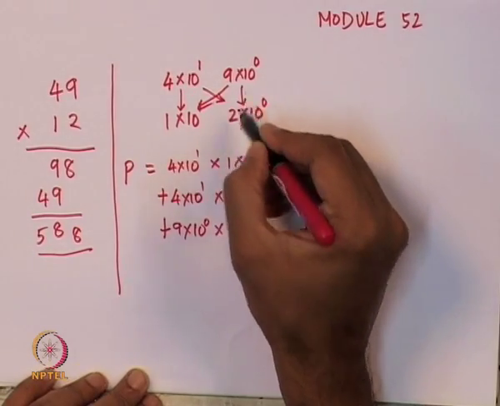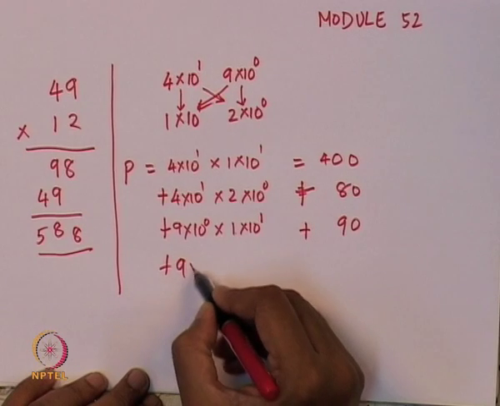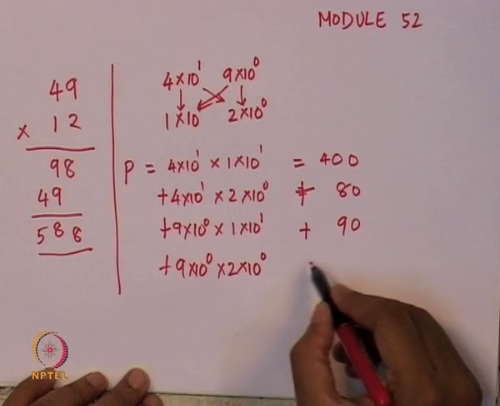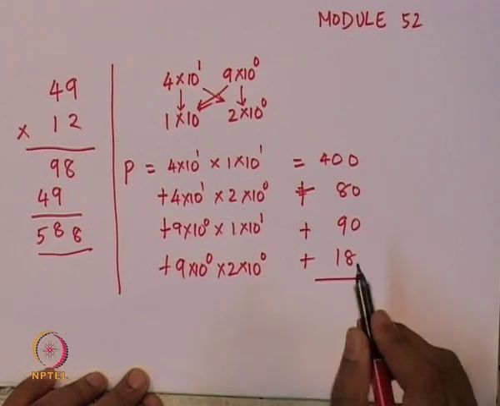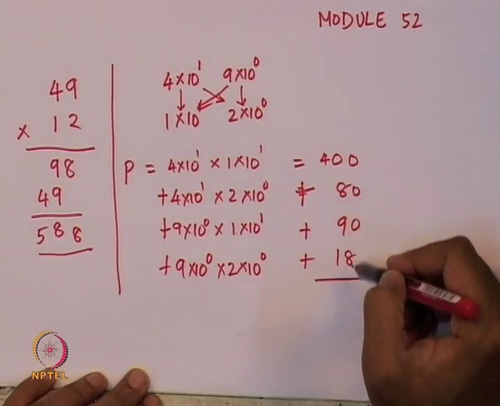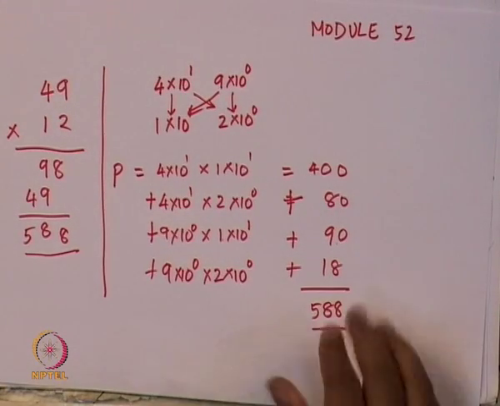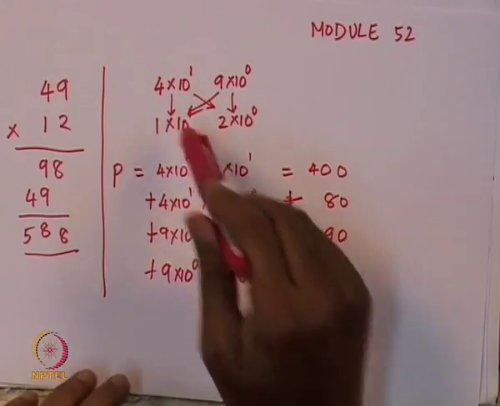Finally, these two together, 9 into 10 power 0 times 2 into 10 power 0, so that is 18. You add all of that together, that is 400 plus 170 plus 18, the result is 588. Let us get back to the slide.